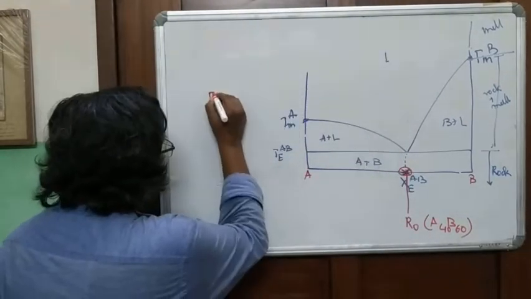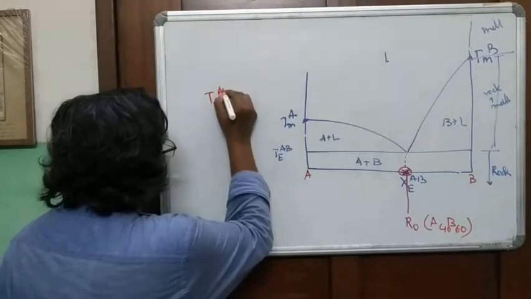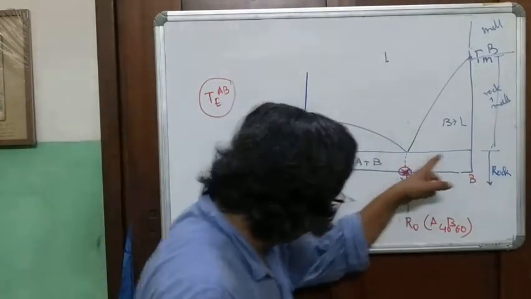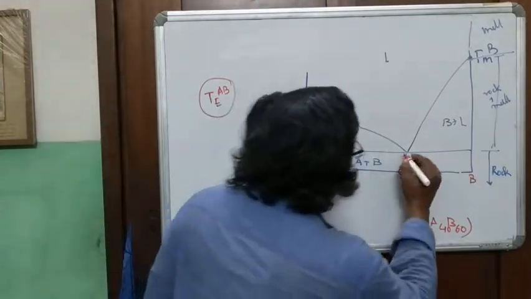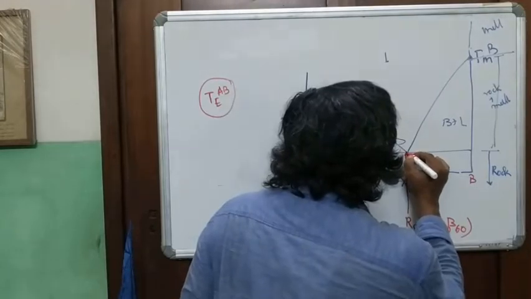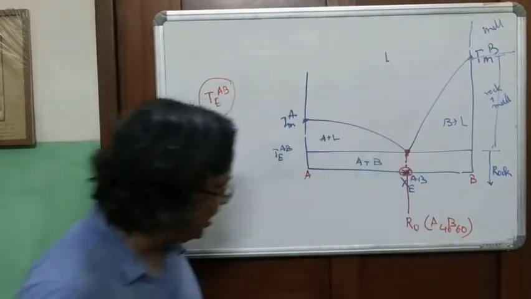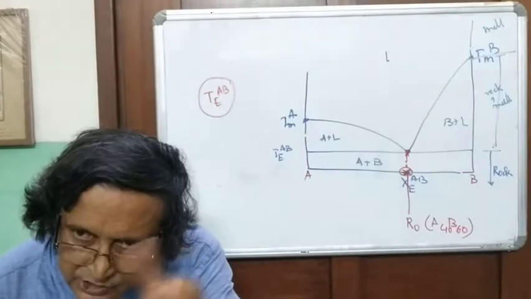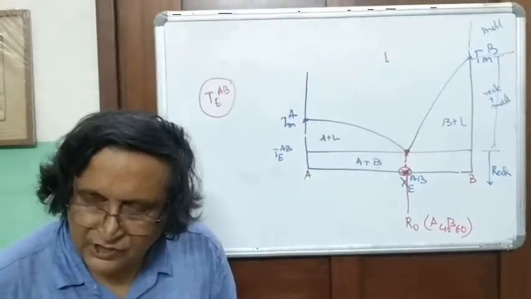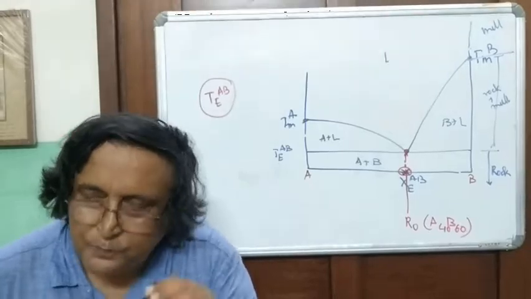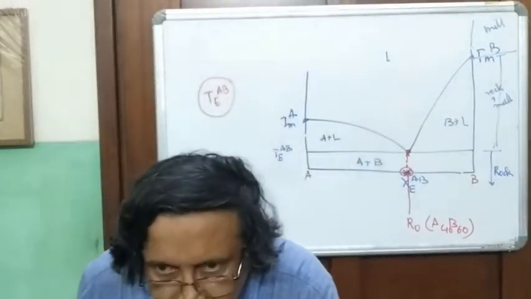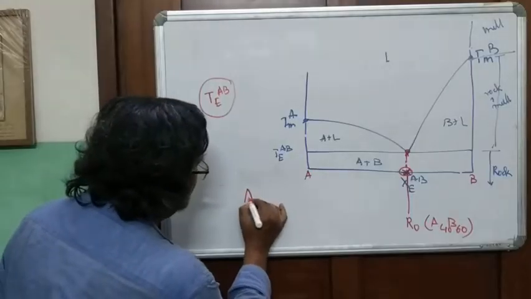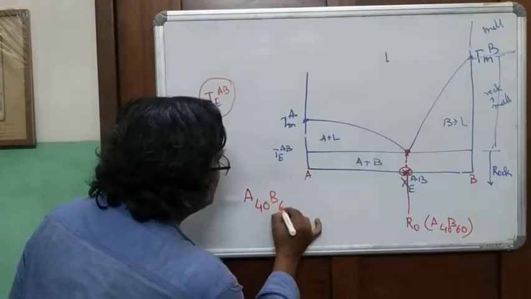So you take the rock and you heat it. The rock will melt at temperature TE, the eutectic temperature. When you have this rock with A40, B60 minerals in this weight ratio, what happens? The rock undergoes melting to produce a melt of what composition? Of the composition of the eutectic. That will have a composition A40, B60.